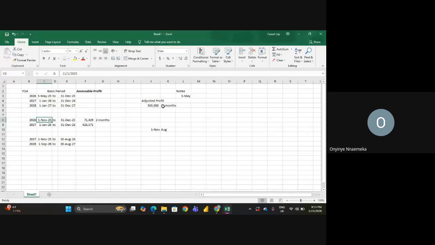So now all you have to do is remove 2 months from 14 months, which is what we have done here. If you look at the formula above, 2 over 14 times this cell that is here. I don't know if you get how I'm trying to explain now.